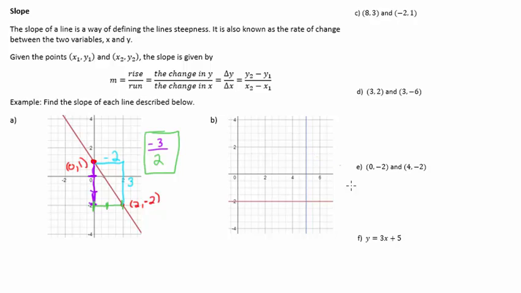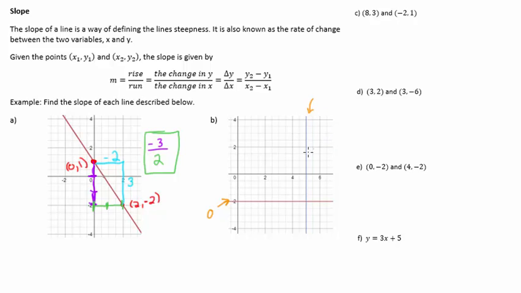Now, here we have some horizontal and vertical lines, so we have to think about what the slope would be. For a horizontal line, you don't really have any slope. There's no slope to this because it's just flat. It's a straight line. So for our horizontal line here, our slope is actually 0, because our line is not going up or down at all. To contrast that, our vertical line is only going up and down.